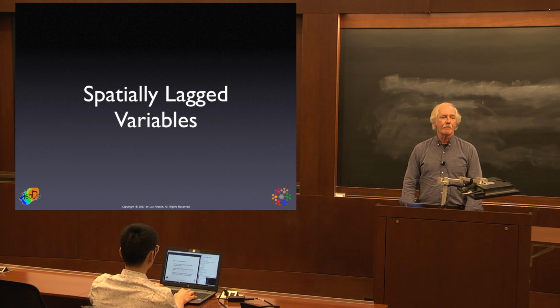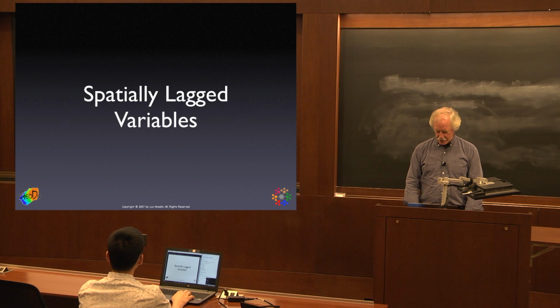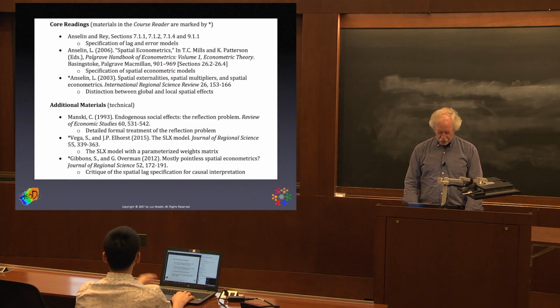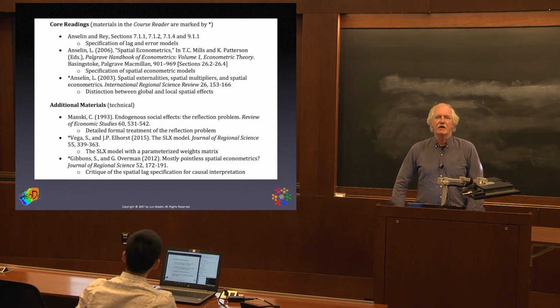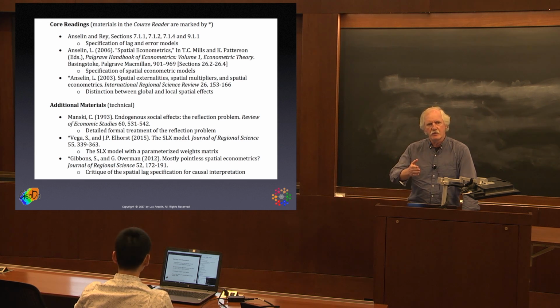Yeah. So this last paper is about just autoregressive models, or it's about? Yes, primarily. So the critique by Gibbons and Overman is basically saying that the standard practice of doing a specification search and going to a lag model or an error model ignores the fact that there's a lot of endogeneity and that the causal interpretations of these models may be very difficult.